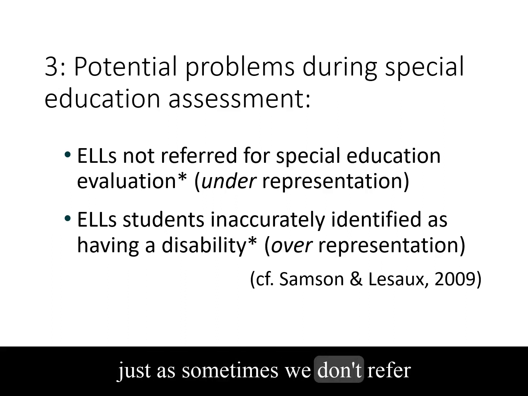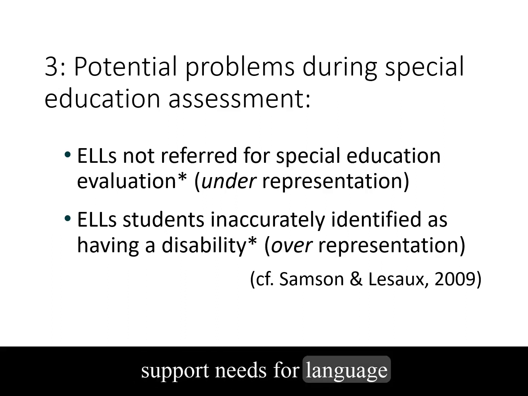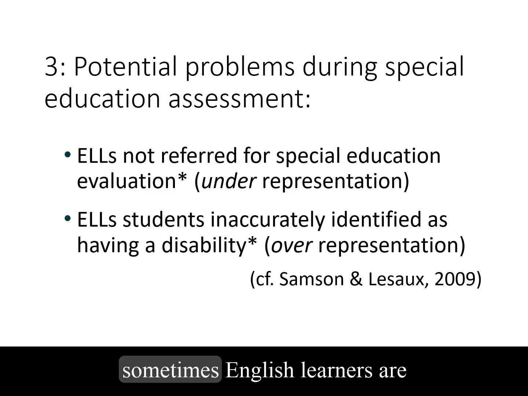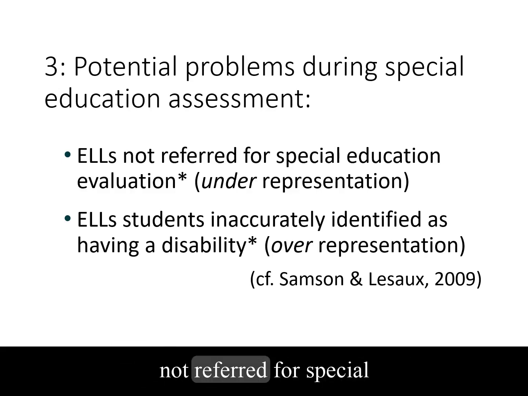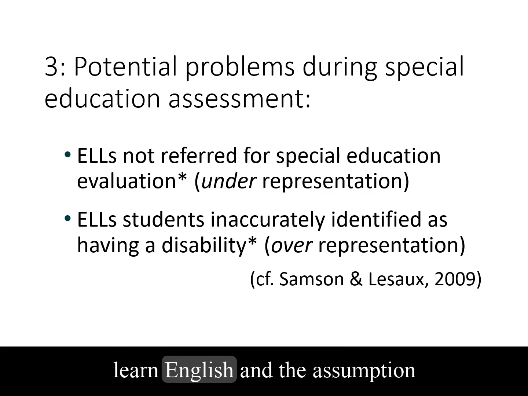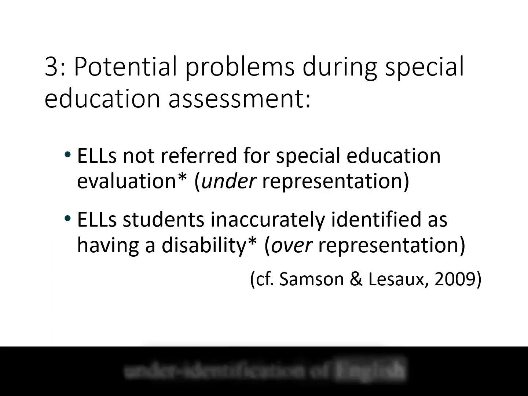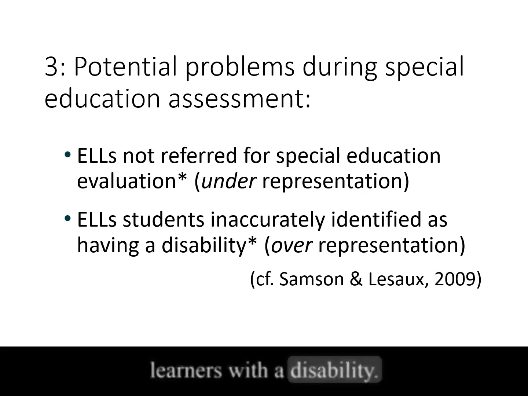Just as sometimes we don't refer learners with more complex support needs for language proficiency assessment, sometimes English learners are not referred for special education assessment, especially in early grades, because there's that idea that they're going to learn English, and the assumption that the problem is all due to English. And that can result in under-identification of English learners with a disability.